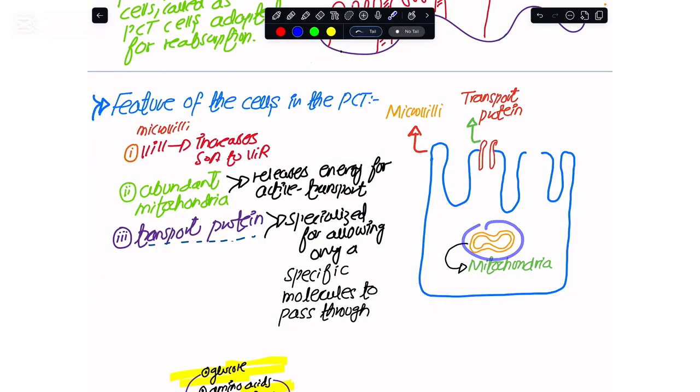We have abundant mitochondria that release energy for the active transport required for moving glucose and amino acids back. And there are transport proteins as well, because each is specific to one molecule, taking it out of the filtrate flowing in the lumen of the PCT and carrying it back into the PCT cells.